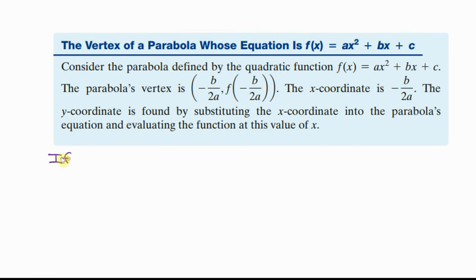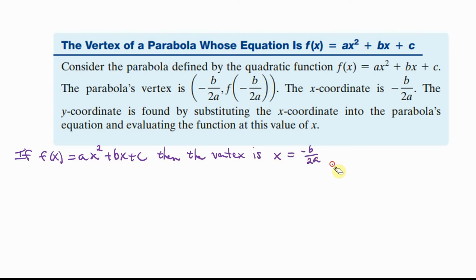If f of x is equal to ax squared plus bx plus c, then the vertex is this value for x, negative b over 2a, and then you evaluate the function at that particular value, and we get the value for x and y.